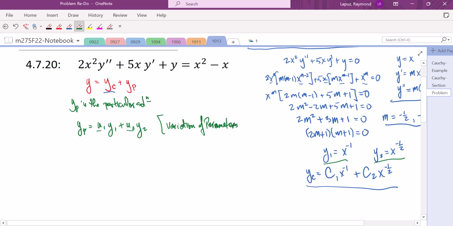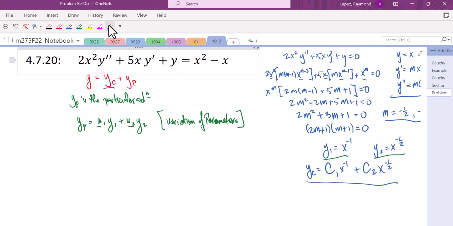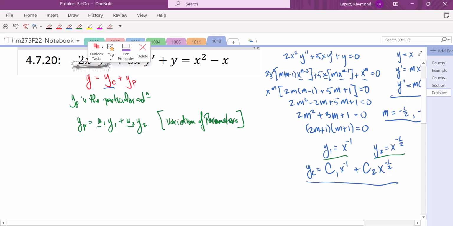Now, the variation of parameters will require us to actually rewrite our differential equation so that the coefficient function of the first term, the largest order, will be 1, which means we have to divide by 2x squared all the way across.